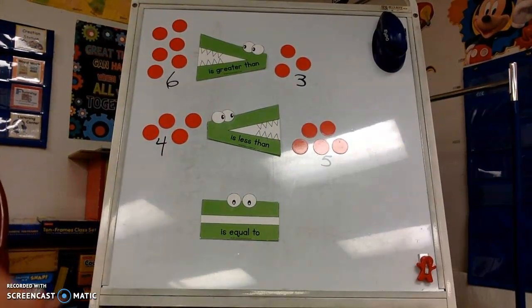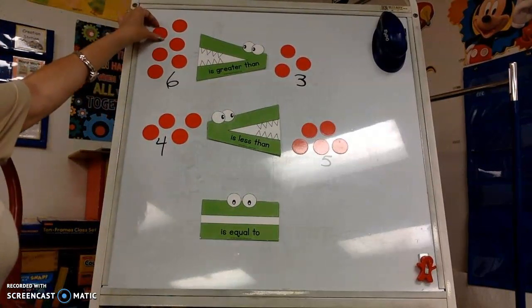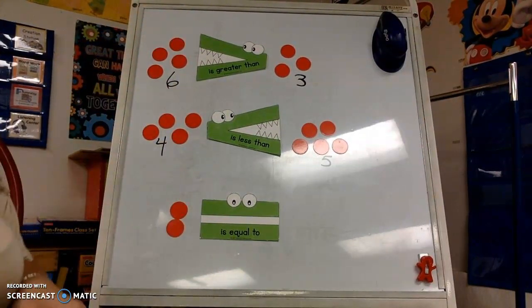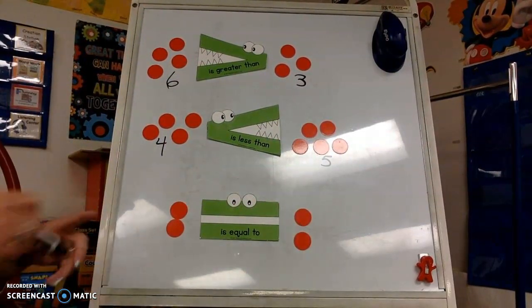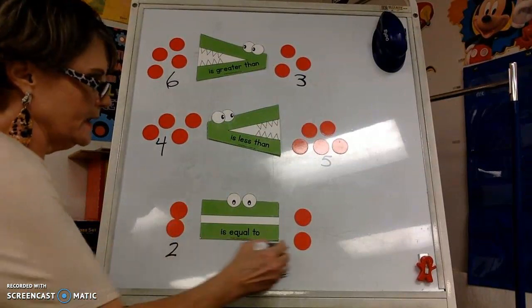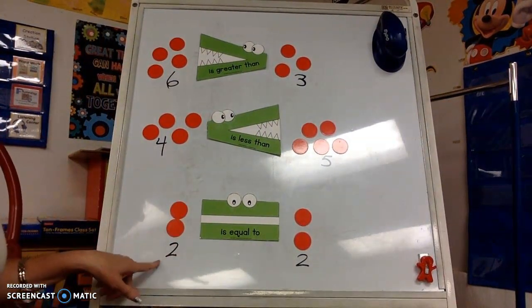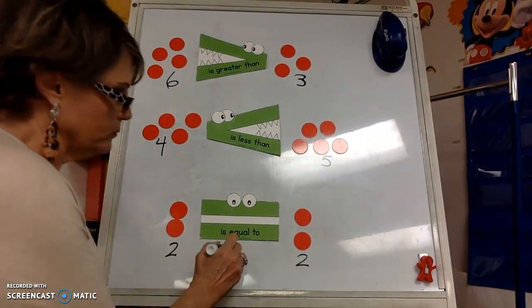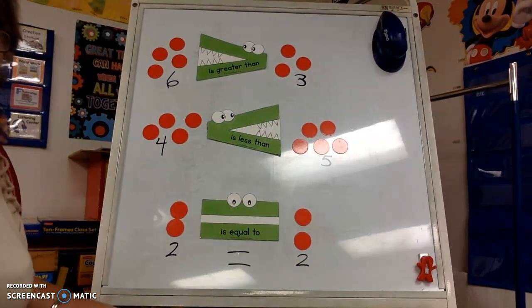Now, let's do, I'm going to take some of these. 2 is equal to 2. 2 is the same as 2, so it is equal. I know you guys have already learned equal. It's the same.